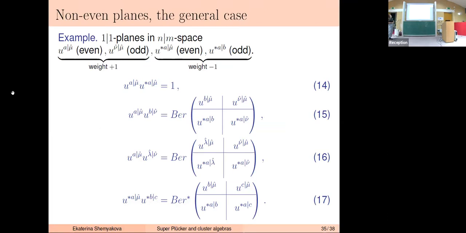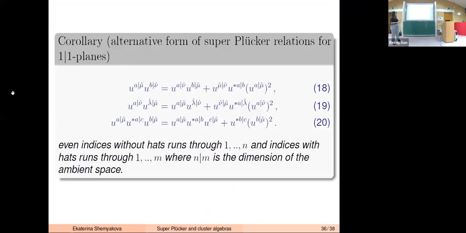Here are the relations, because I said we have relations for all. We have relations for RS in NM, but they are big. But here is an example, 1 place in NM spaces. Remember, you have star, and star comes with variables from when you have Grassmannian star. This is an alternative way.